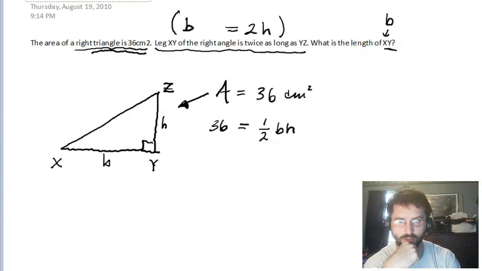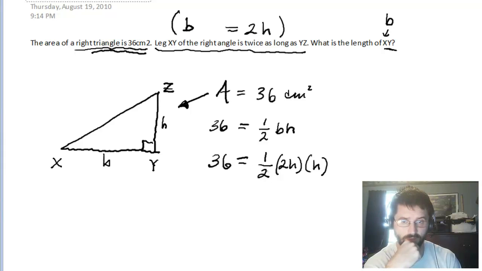I take the equation B equals 2H and plug in for B. If I replace B with 2 times H, then I get this equals 36. And then the 2's will cancel out.